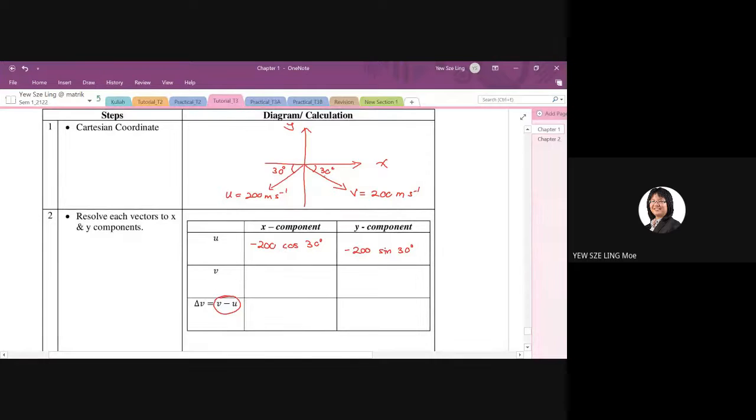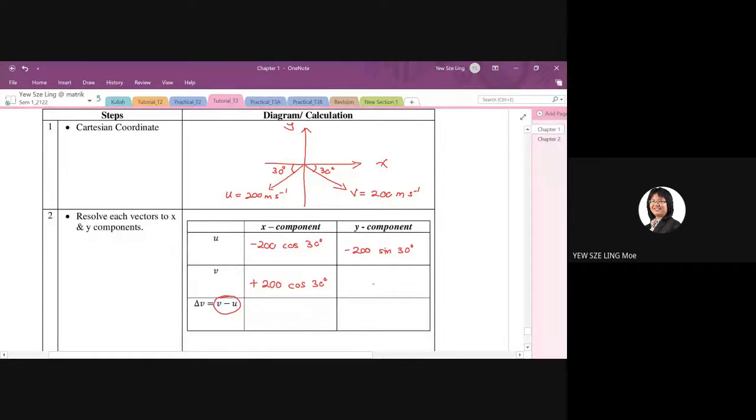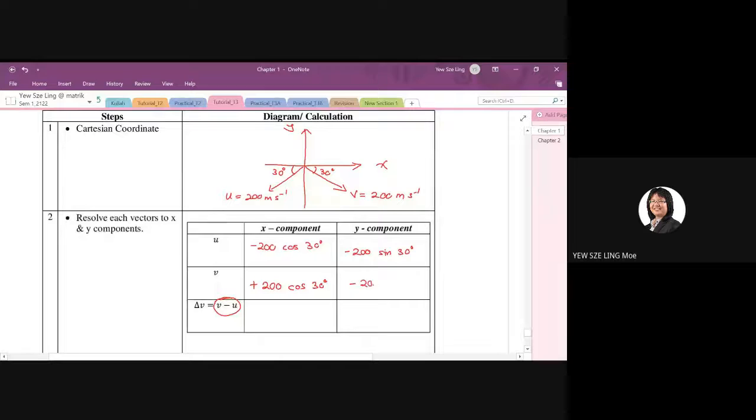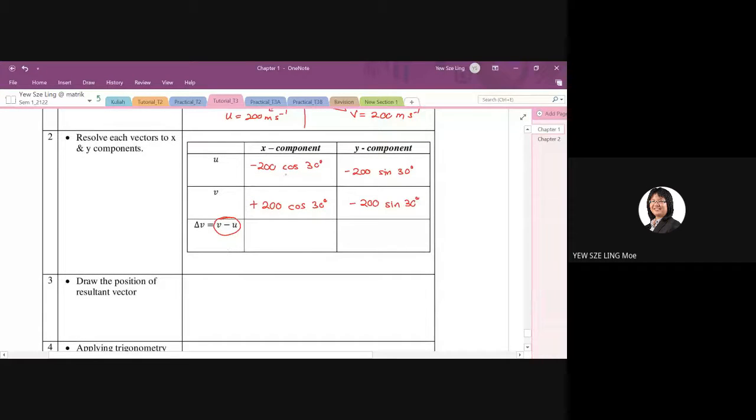When it comes to v, v is in the fourth quadrant, so you have a positive x component: positive 200 cos 30 degrees. And the y component is still going down, so you have negative 200 sin 30 degrees. Now let's proceed to the next step. You don't add them up. You subtract. You use v minus u.